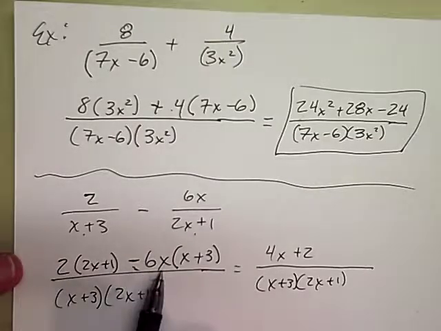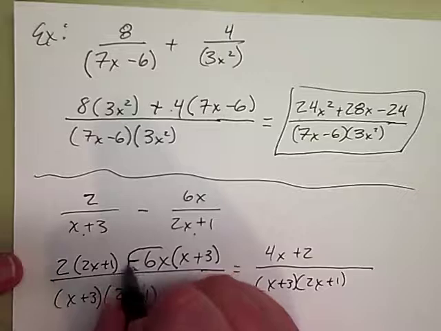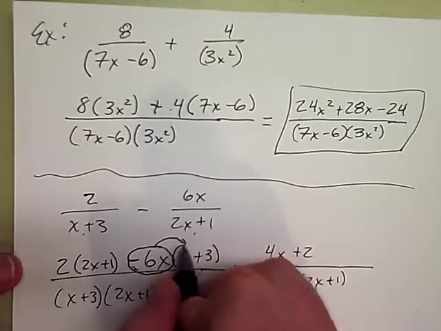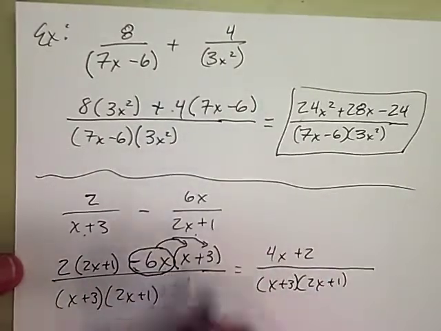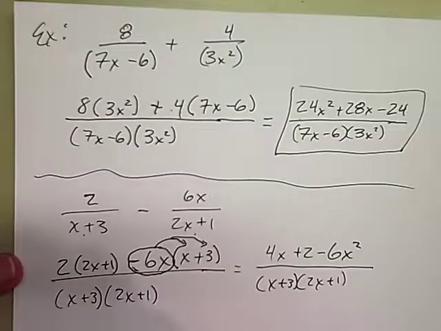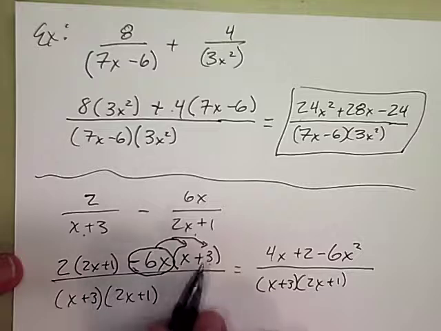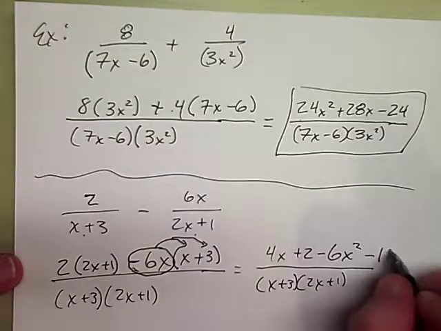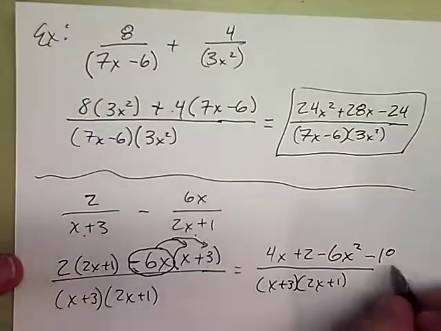So negative 6x times x. I'm going to circle this just so I know, hey, I'm distributing here and here. So negative 6x times x is a negative 6x squared. And negative 6x times positive 3 is a negative 18x.